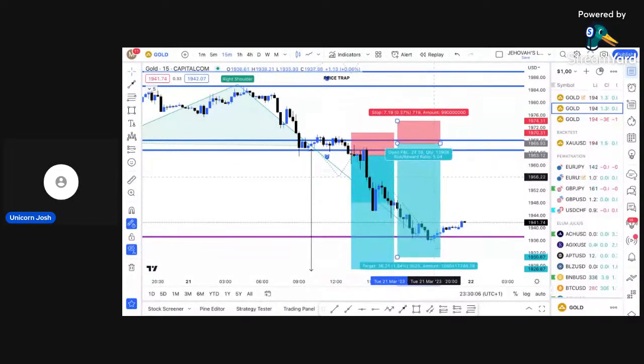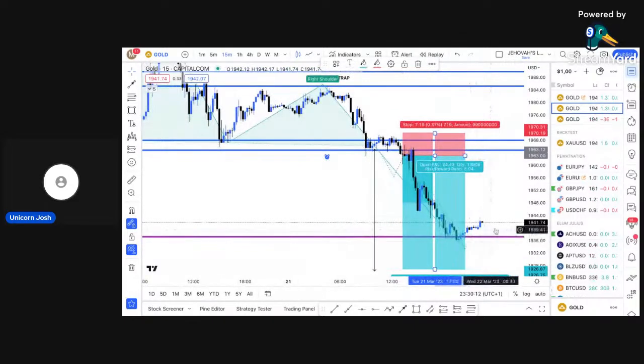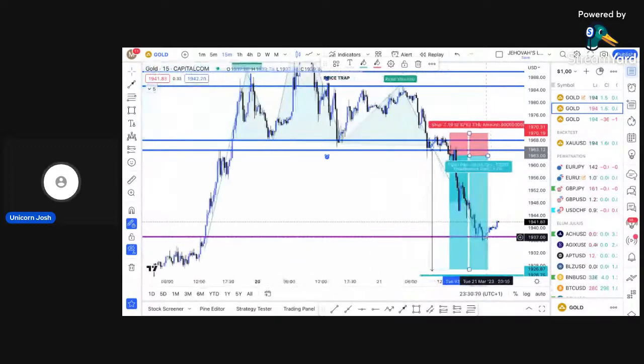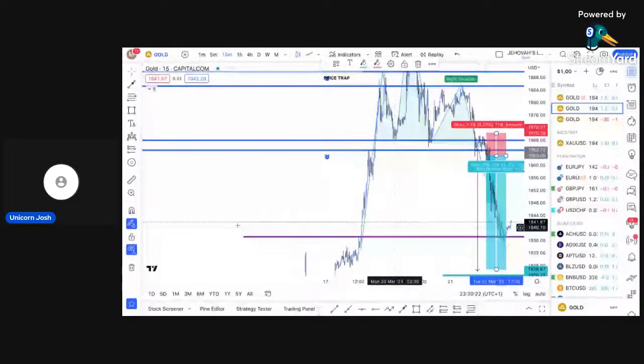I'll tell you why that is so, because I must have noticed this strong area as well. I've noticed this strong area because you can see the foundation of that area. This is it.